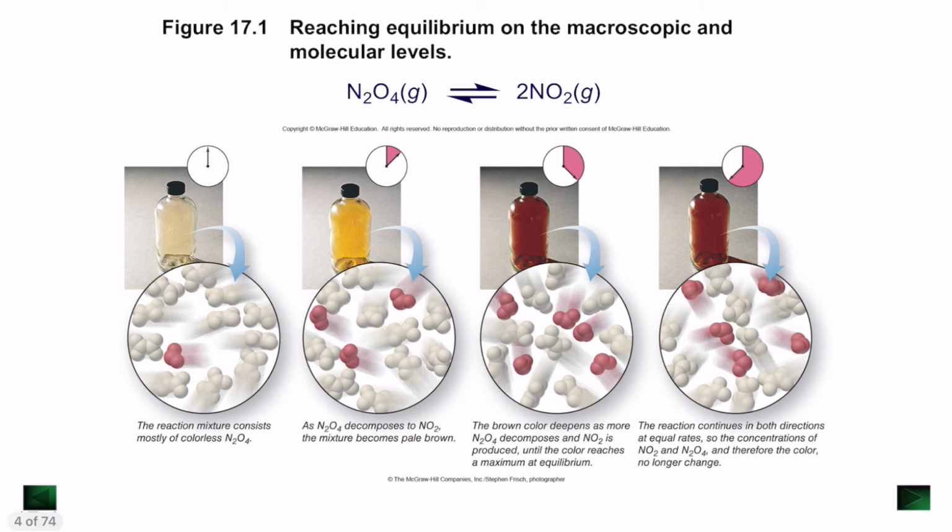Let's take the example of N2O4 decomposing to form 2NO2. You notice that the reaction initially has mostly colorless N2O4, and as the reaction proceeds you start noticing much more formation of NO2. NO2 has a reddish-brownish color, so the mixture starts turning brownish, and as you reach a certain point, even if the time increases, there is no change in the color of the gas.